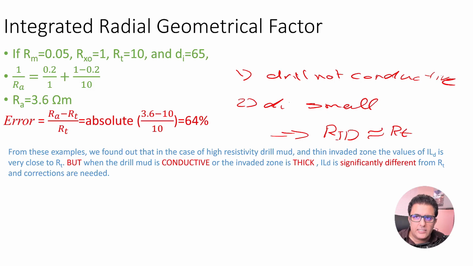In that case, we have to do some corrections. Another scenario is whenever the diameter of the invasion zone becomes bigger; again, we definitely have to apply some corrections in order to obtain a more accurate estimate of RT.